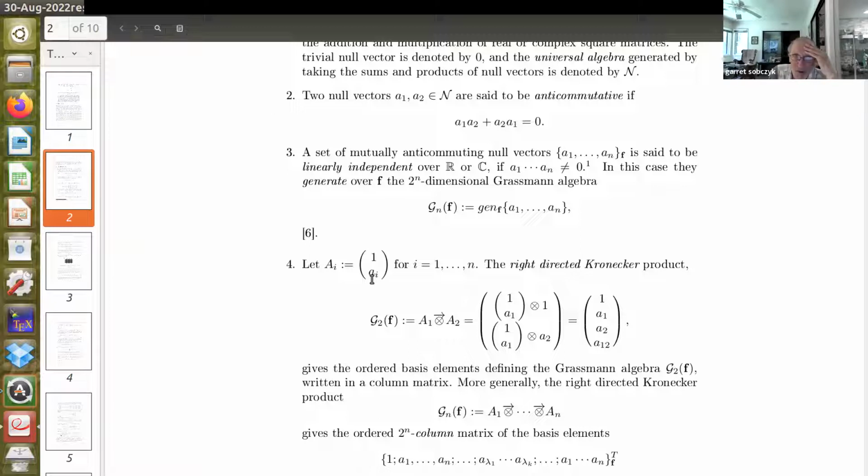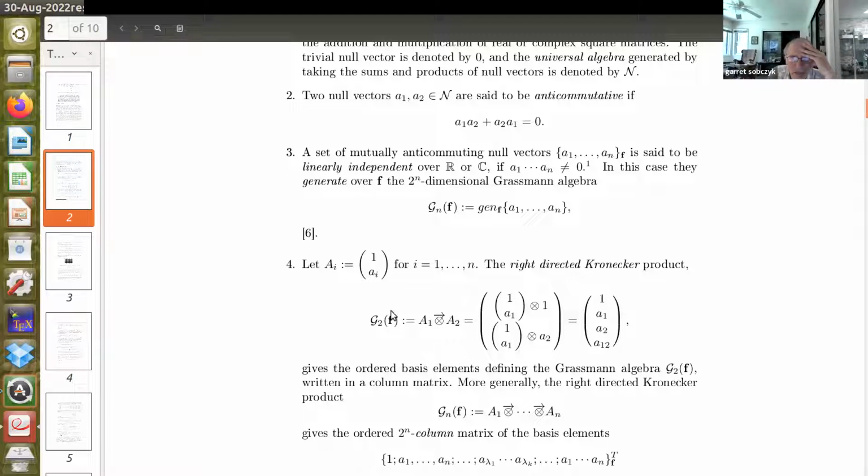We have 2 Grassmann algebras, one generated by the A's and the second Grassmann algebra generated by the B's. So I define the basis elements of the Grassmann algebra G2 over the field. What is this? Okay, I guess, yeah, F is just a field here. So I should be an F anyway, the notation's bad there.